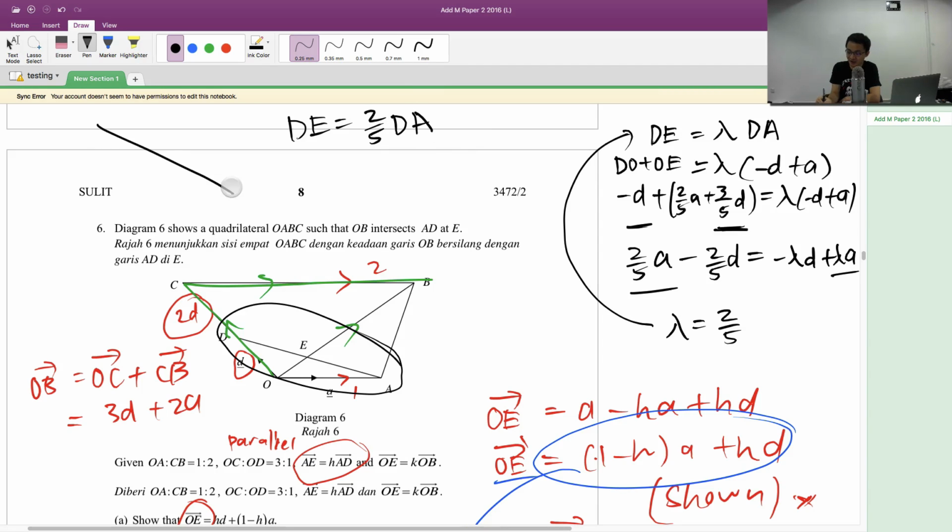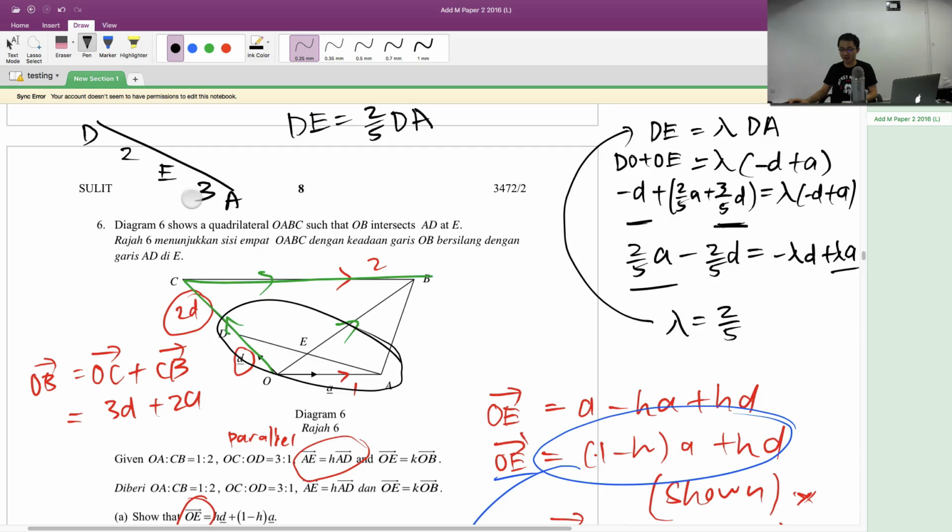So if I have the line DEA just now, you imagine the whole thing here, DE is 2 over 5 of DA. So that means this is 2, this is 3. Do you see that?